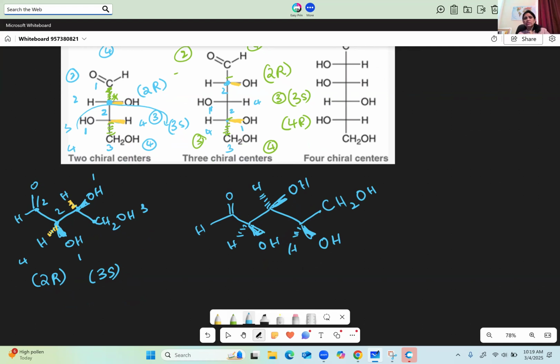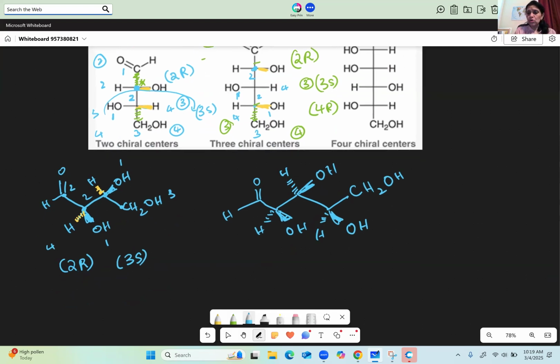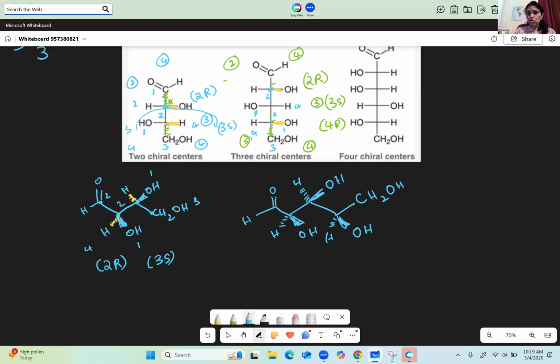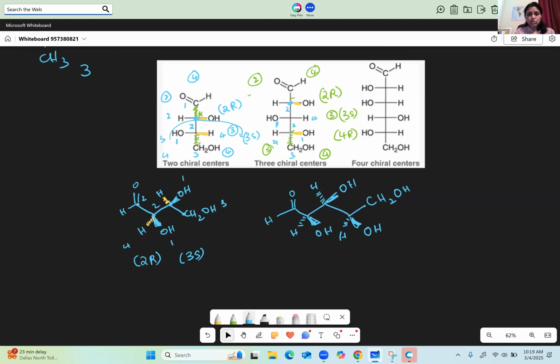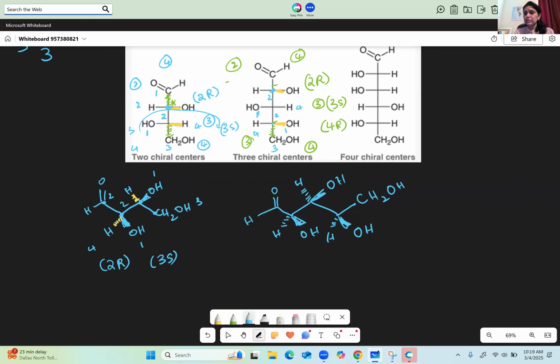So that's how we assign the priorities for Fischer projections and then transform them into line diagrams. The more carbons and chiral centers we have, it takes longer and maybe a bit tricky also, but otherwise we are going to use the same rules for assigning priorities and determining the chiral centers.